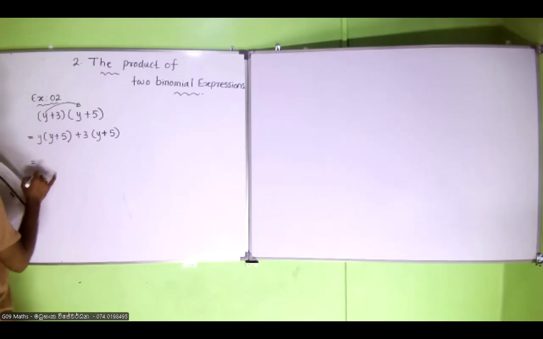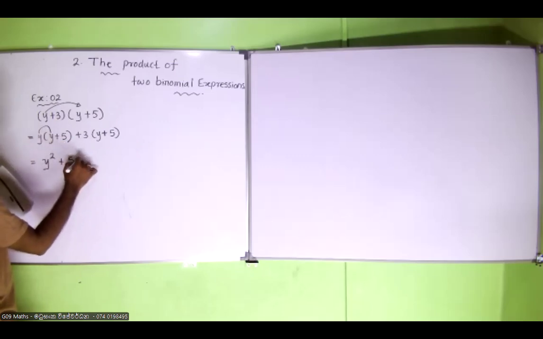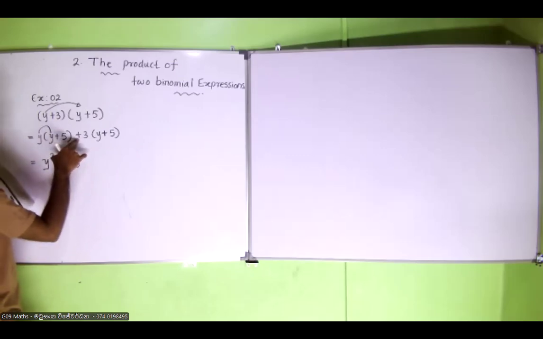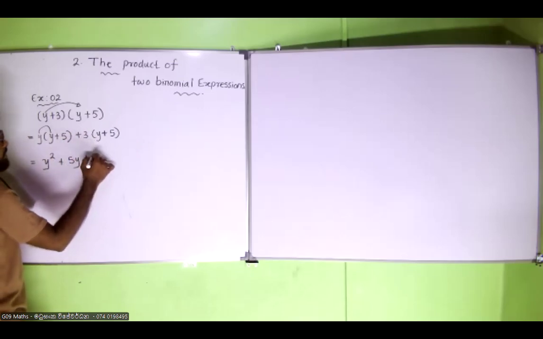Then equal mark. So you know what to do. Positive into positive, positive. Y into y, y squared. Positive into positive, positive. Y times 5, 5y. Positive into positive, positive. 3 times y, 3y.